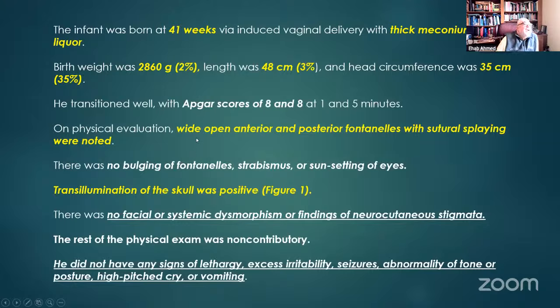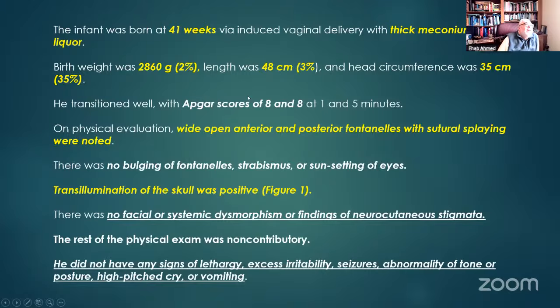Physical exam: there was a wide open anterior fontanelle, wide open posterior fontanelle, and sutural splaying. The sutures were separated. So there was something wrong intracranially, maybe increased intracranial pressure causing these signs. The head was relatively large, because when the weight is low and the length is low but the head is appropriate, it is a relatively large head.